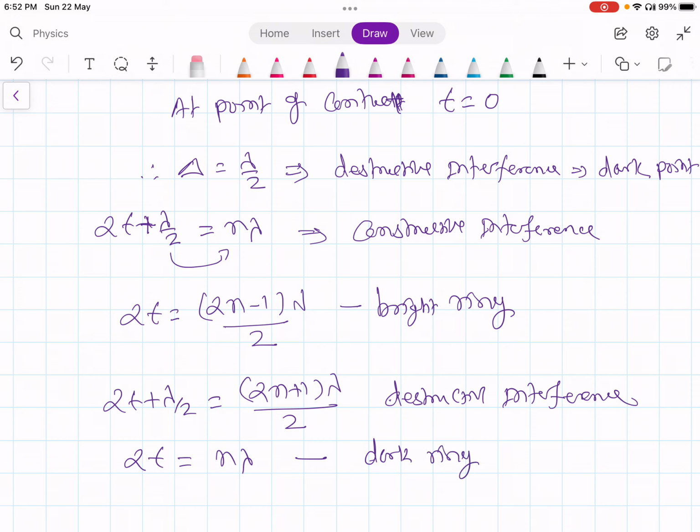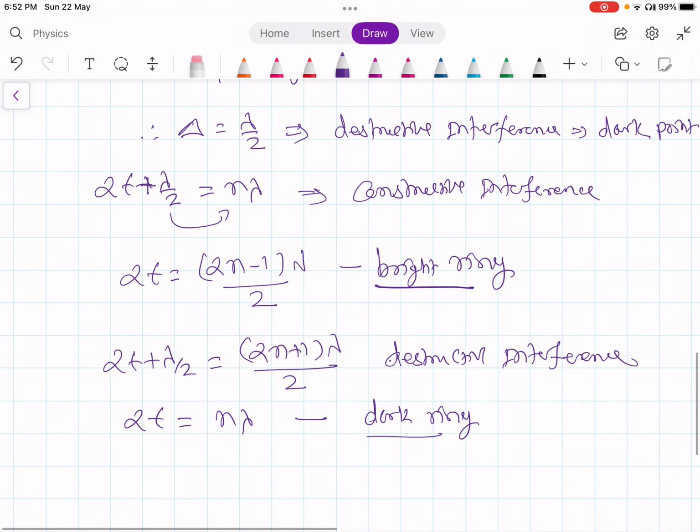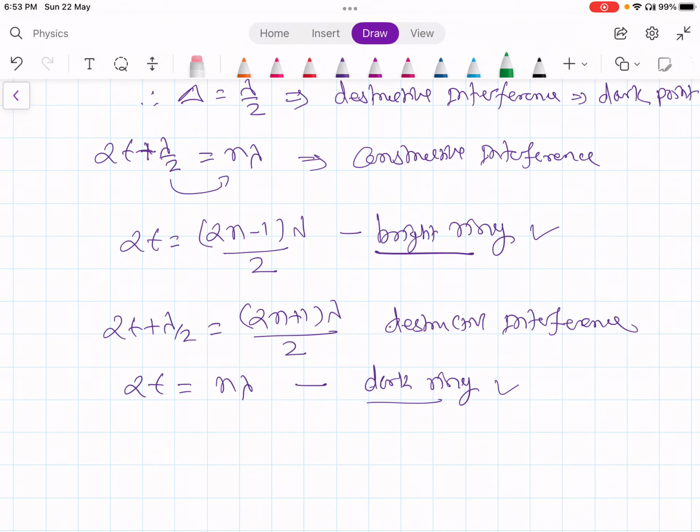So these are the conditions for bright ring and dark ring. Now the question arises why we get dark ring. As I said, we get bright ring and dark ring. But why do we get bright and dark rings?